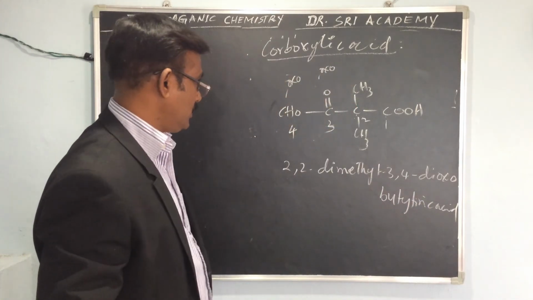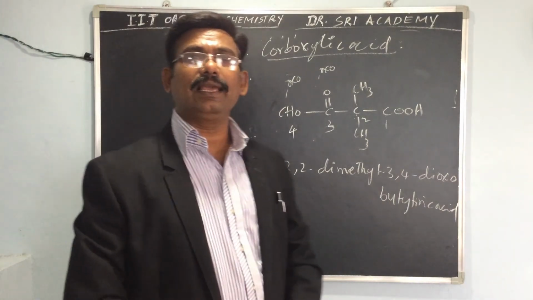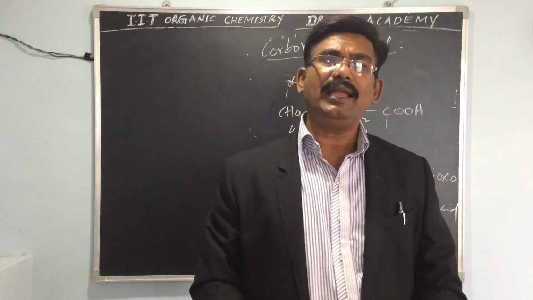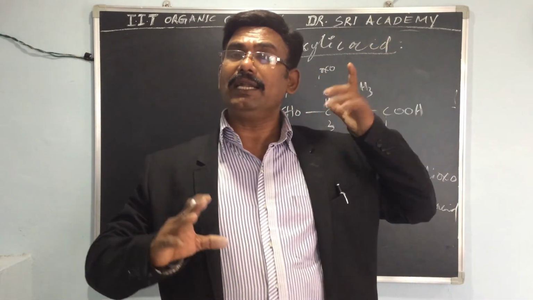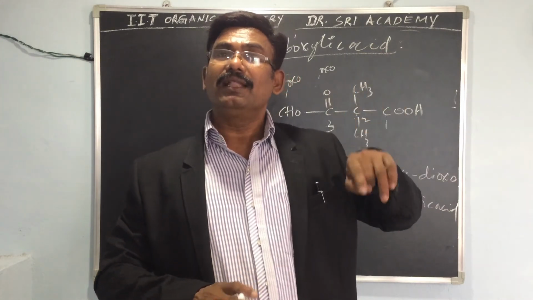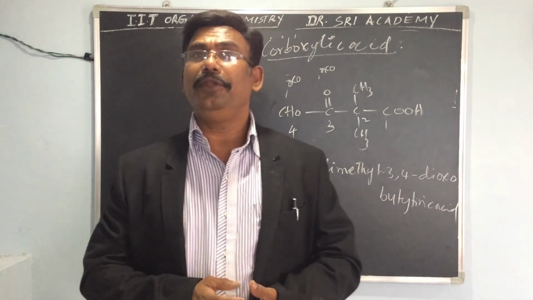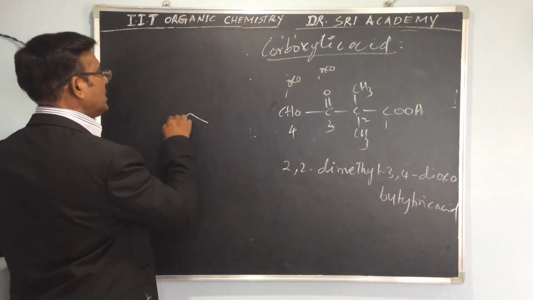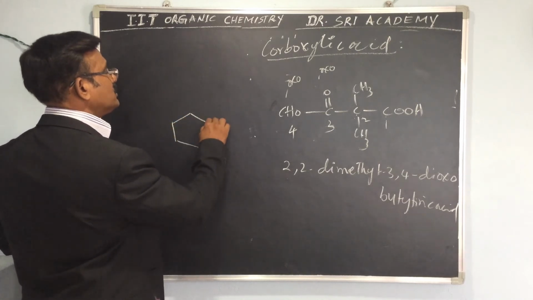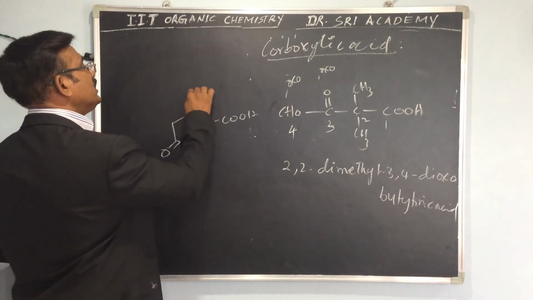Okay, this is the board. But in some special cases, when the carboxylic group is on a ring, the carboxyl carbon is not included in the numbering. How can you give the naming? The best example is COOH, a keto group and a CHO group.